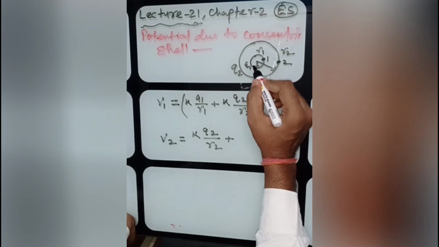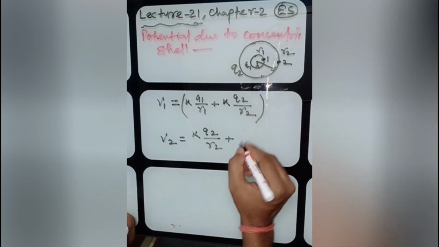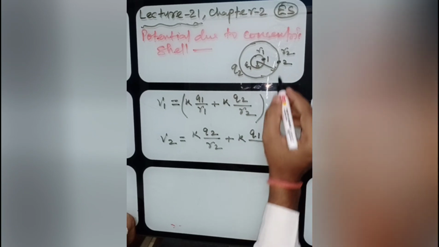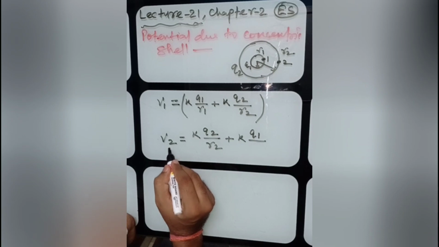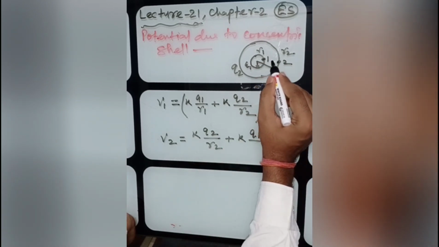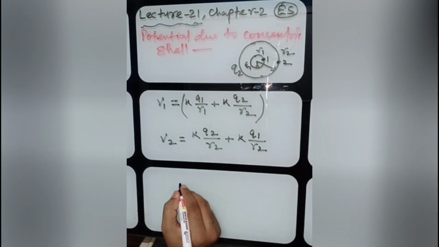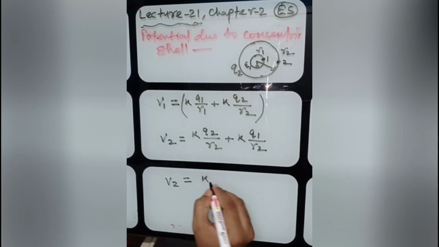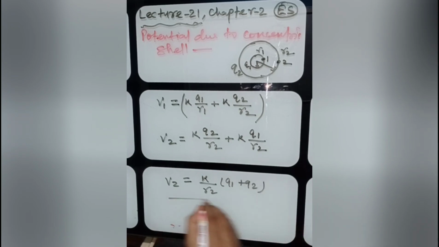So due to this cell the potential will be K Q1 divided by R2, because we are finding potential at 2, and the total distance is R2. Directly you can also write, my dear student, K by R2 times Q1 plus Q2. There are a number of different methods to solve such a question.